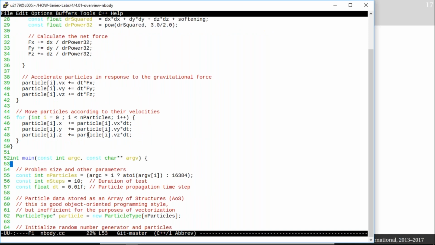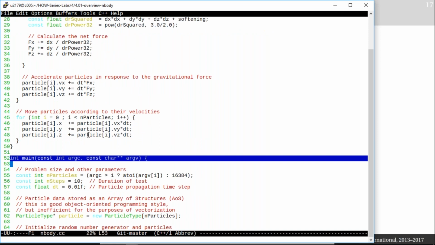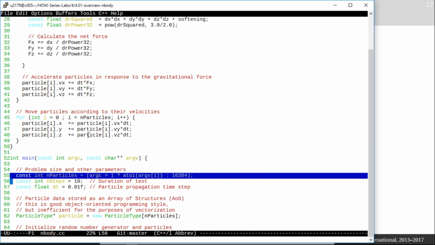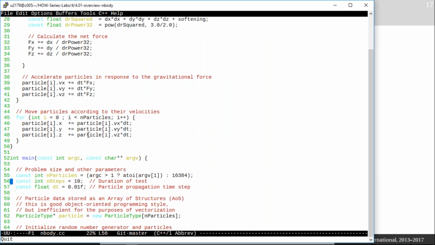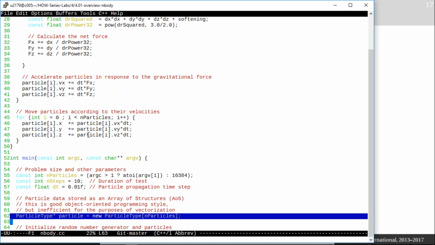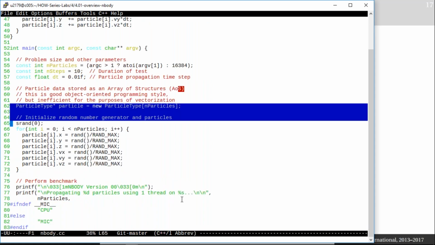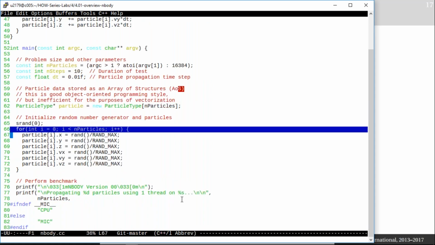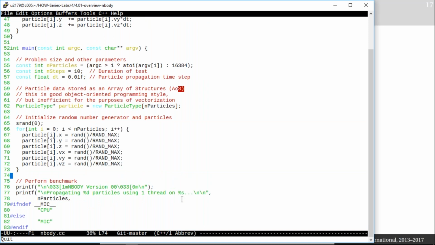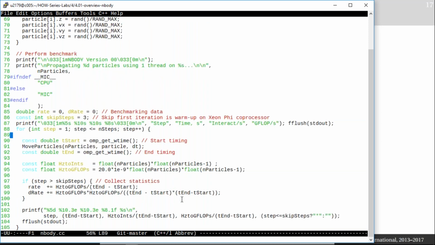In the body of the function, you can see that we can specify how many particles we want to use in the first command line argument. We create an array of structures containing all particles. Because we need to initialize this array with something, we use a random number generator here, and then when we perform the benchmark, that's what we do.